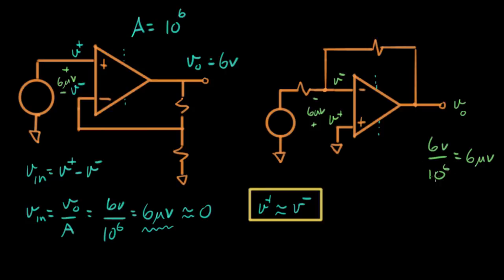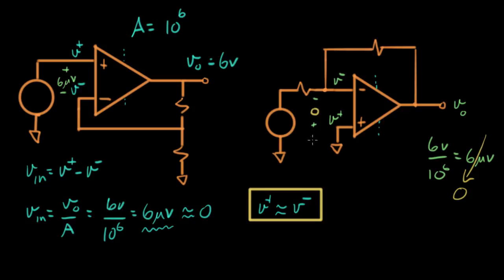So again, because of the enormous gain of this amplifier, this is always going to be a tiny, tiny number. And so, heck, why not make it 0? So if I treat this as 0, what it means is I'm going to go right in here and change this to 0 volts.